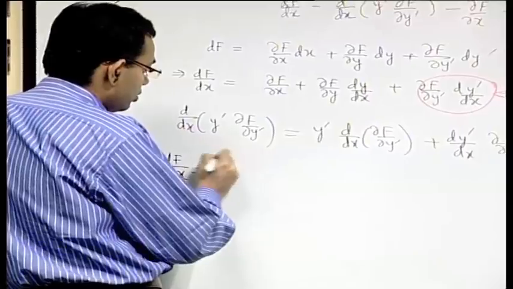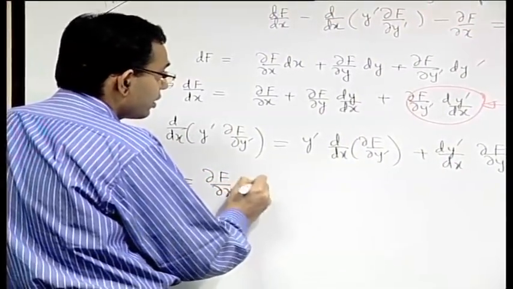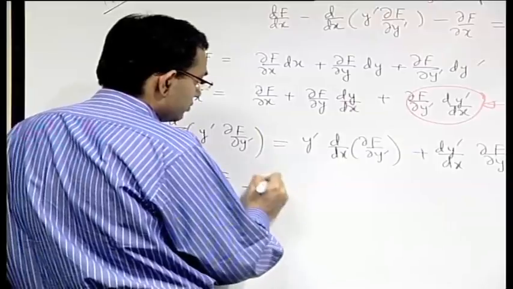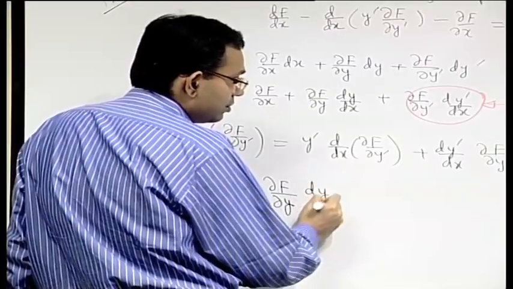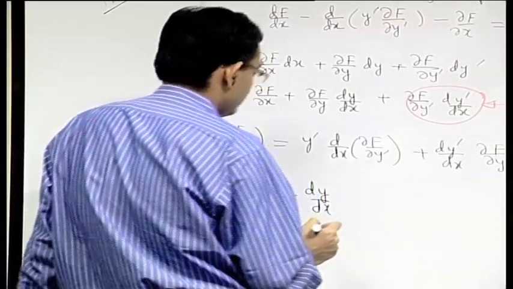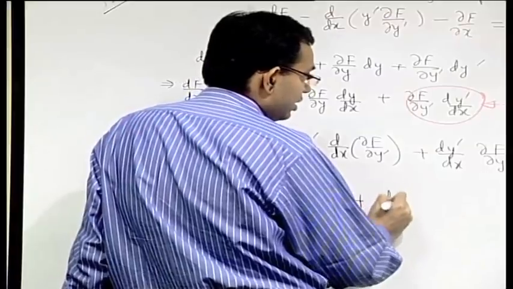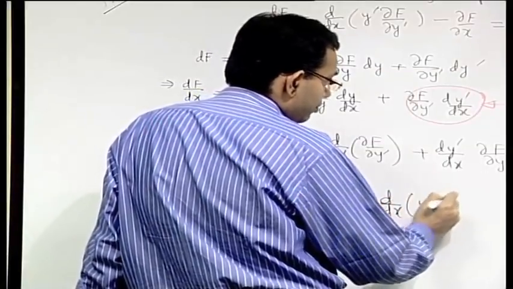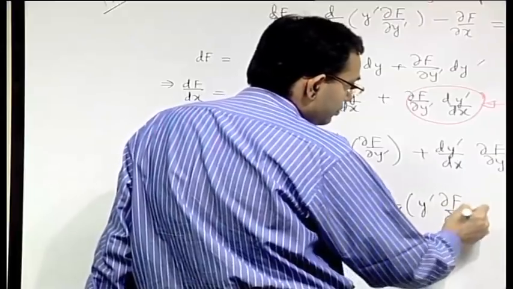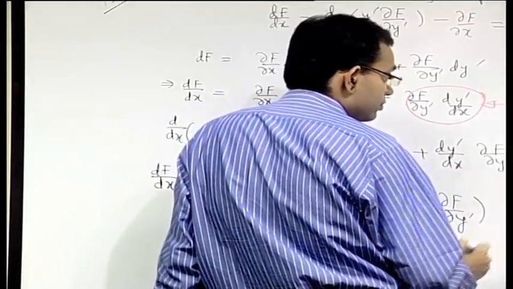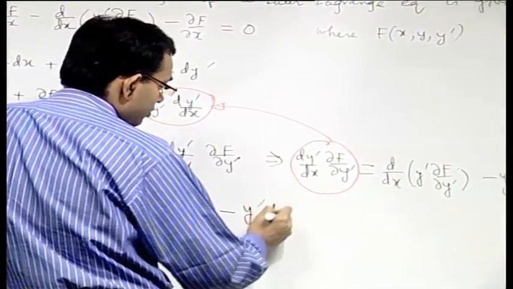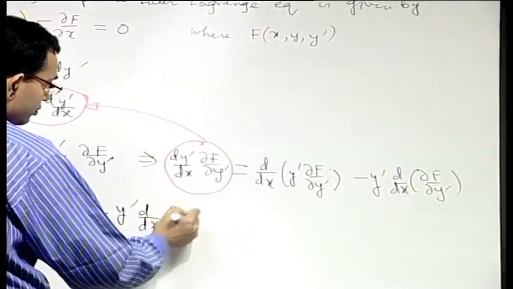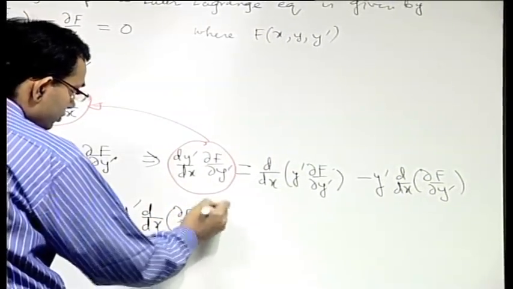We will get df dx is equal to del f del x plus del f del y into dy dx plus, in place of the last term, d/dx of y prime del f del y prime minus y prime d/dx of this one.